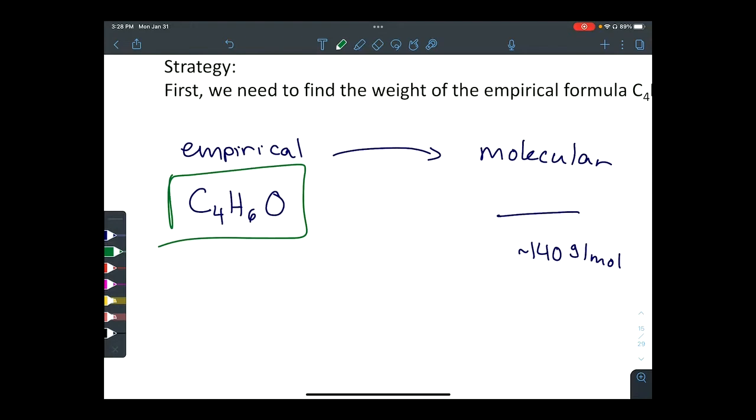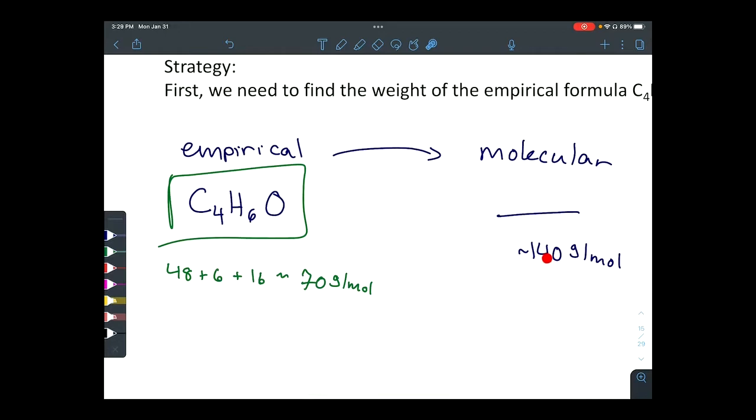Carbon is 12 grams, so that's 48 grams, plus hydrogen's like 1, so that's 6, plus oxygen is 16. Okay, I'll calculate it. 48 plus 6 plus 16, 70. All right, so that empirical formula is about 70. I don't need the exact number. And then we ask ourselves, how can this mass scale up to 140?